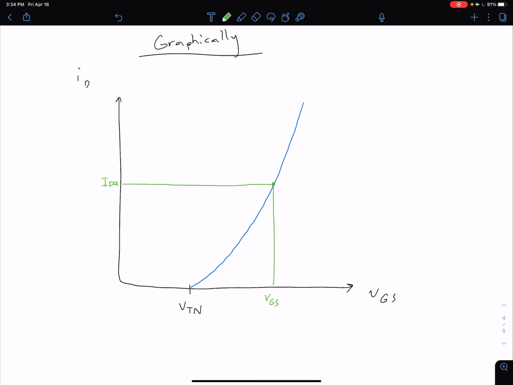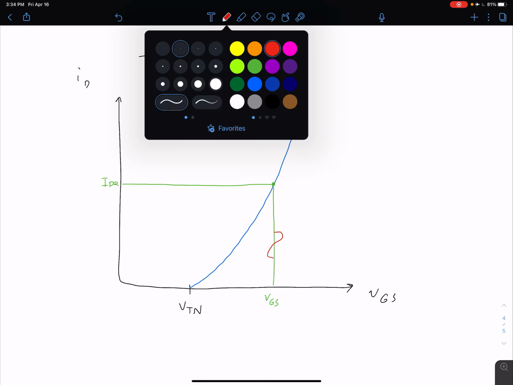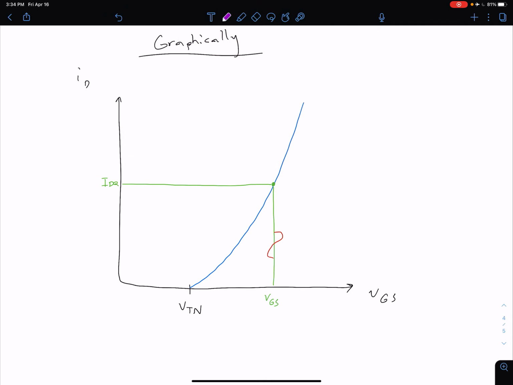What we're saying is if we send in some AC signal on our VGS, some time varying signal, then of course we're going to get some time varying signal on our output. Ultimately what we're doing when we're using this small signal analysis, similar to our BJTs, is using a linear approximation right here around our Q point.